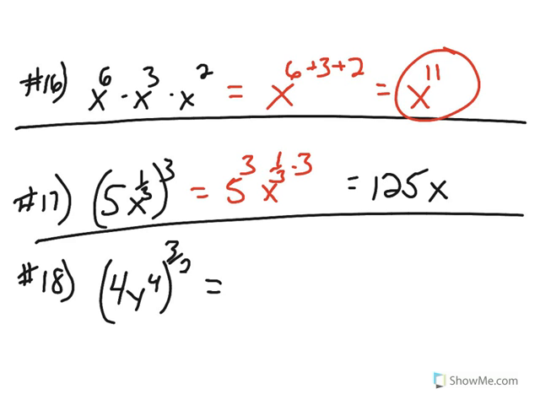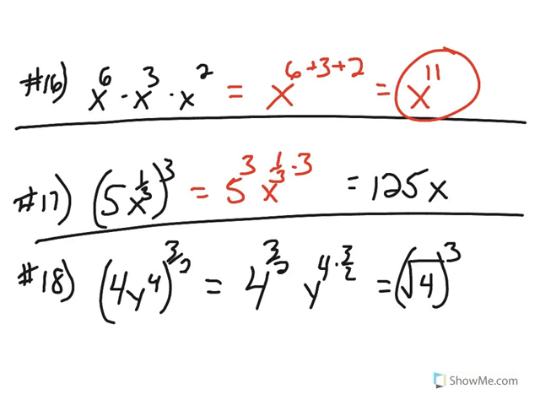4 times y to the 4th, all to the 3/2. This is the power of a product again. So we're going to have 4 to the 3/2 times y to the 4 times 3/2. 4 to the 3/2 we could write as the square root of 4 cubed.